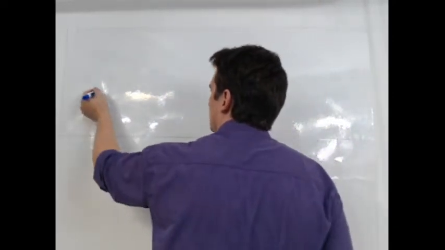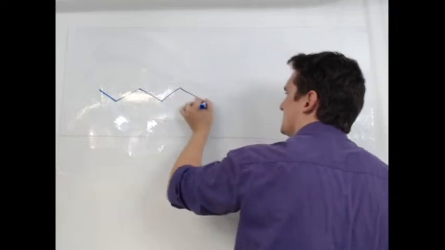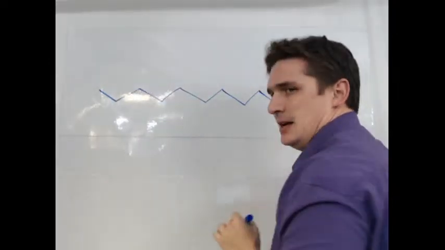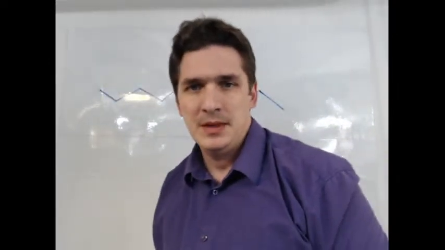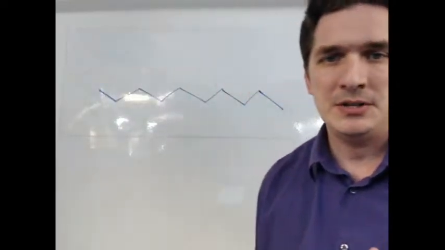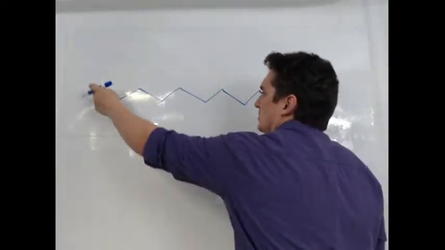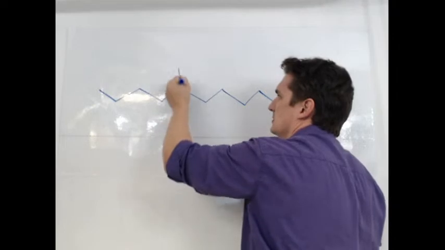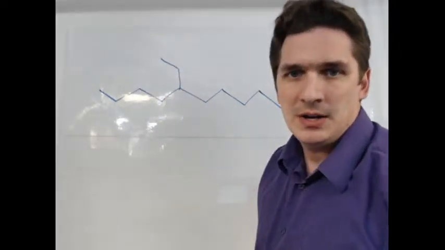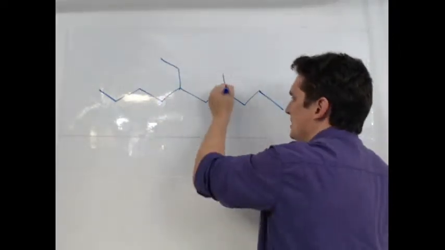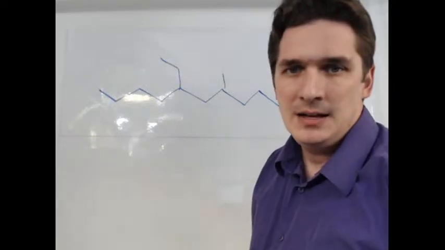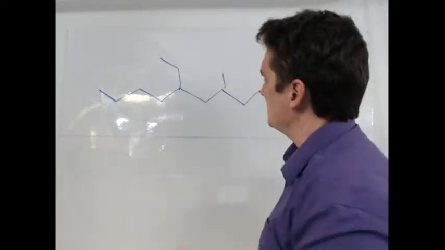So we have decane, 1, 2, 3. So decane has 10: 2, 3, 4, 5, 6, 7, 8, 9, 10. And you've got 3 branches. We've got the 5-ethyl, so 1, 2, 3, 4, 5-ethyl. We've got 7-methyl, 6, 7-methyl. And one at the 4th position.